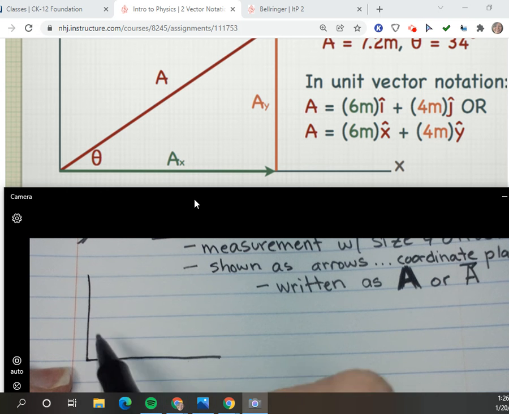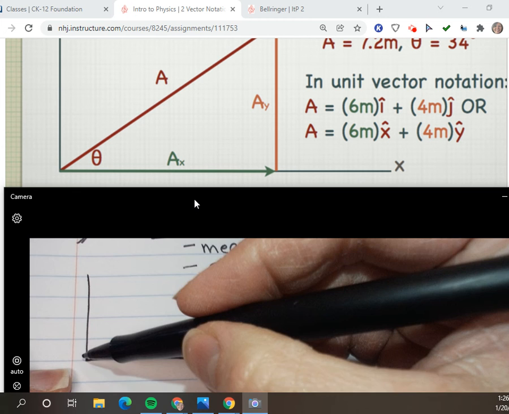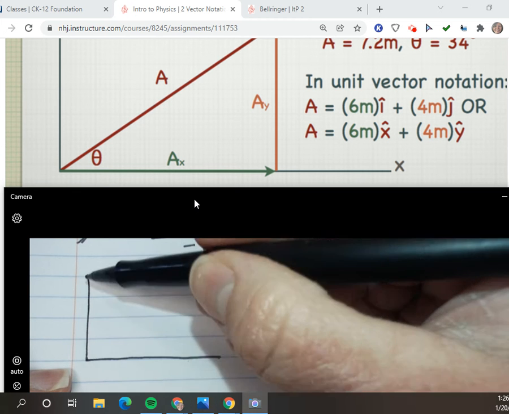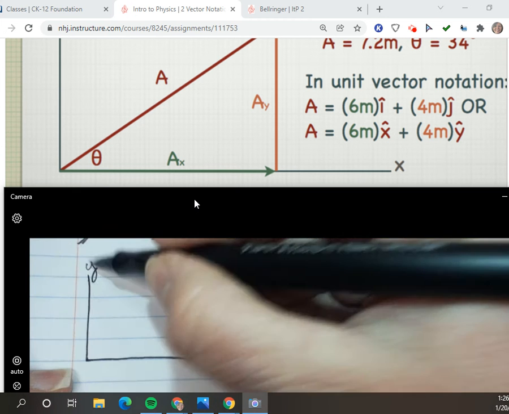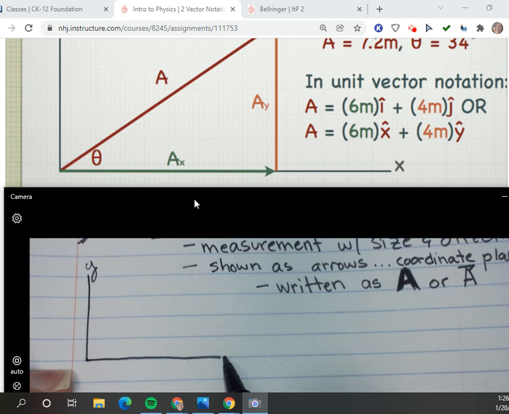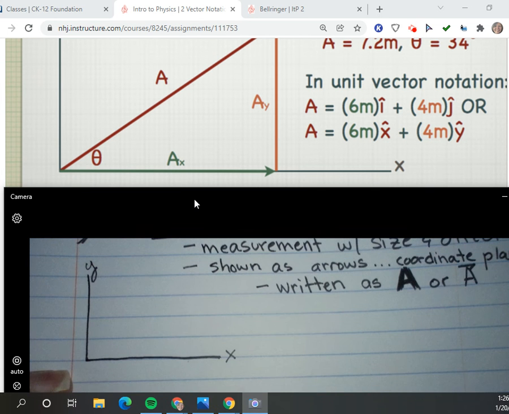So if this is a graph, what do we call this line? The y-axis, right? What do we call this line? The x-axis. Okay, that's going to be important. We're going to come back to that in just a little bit.